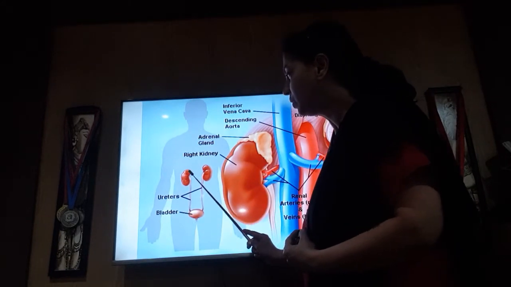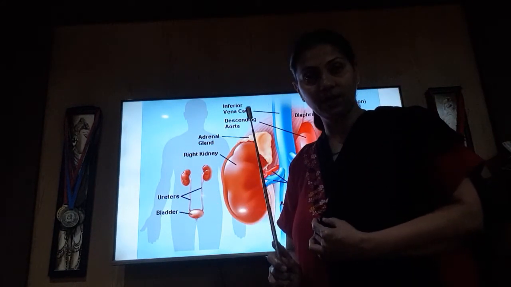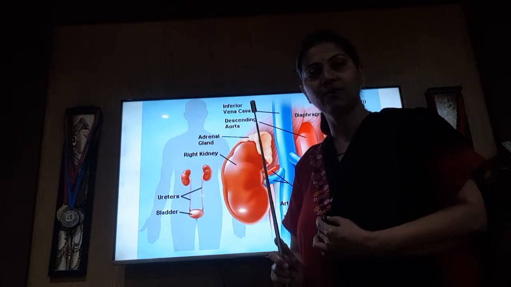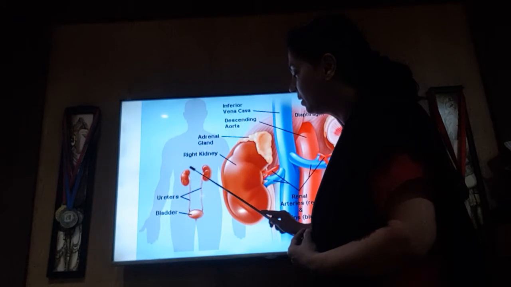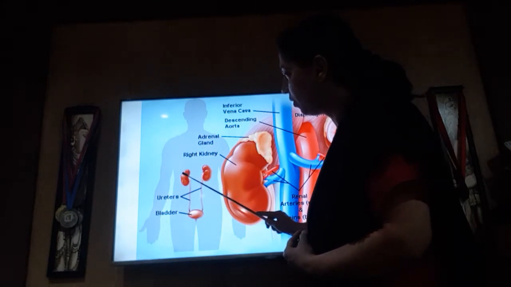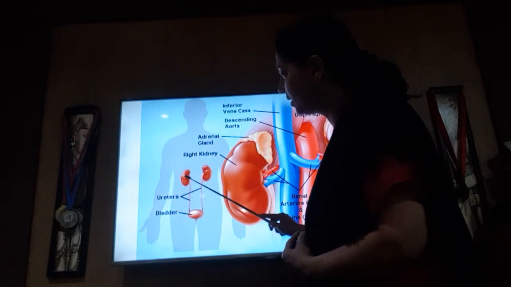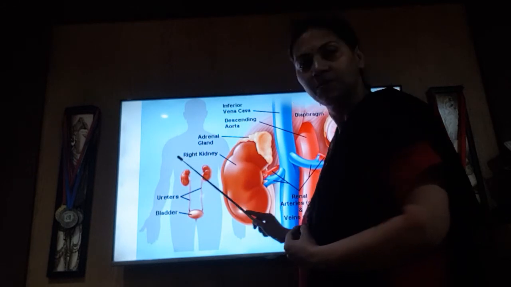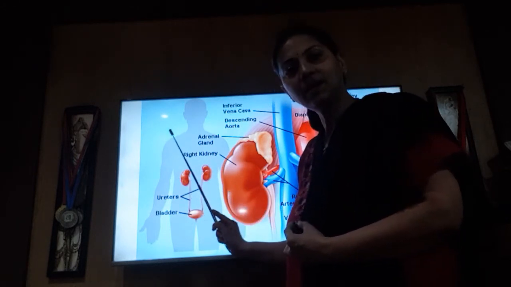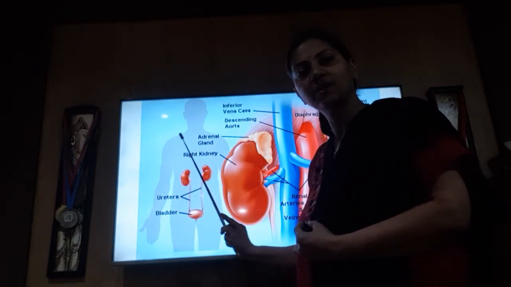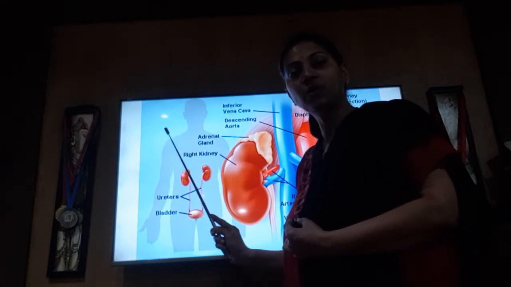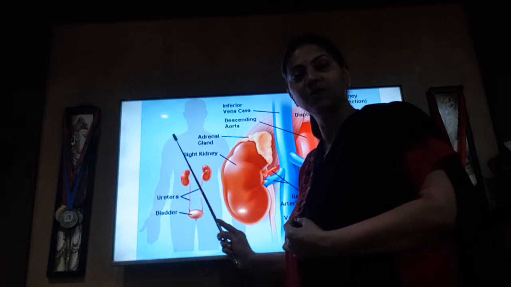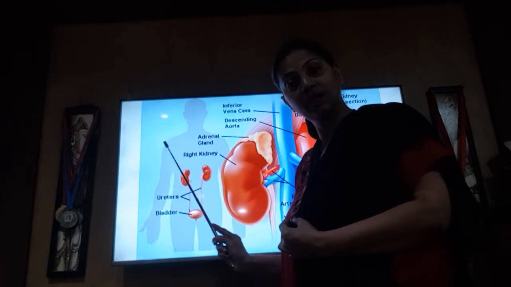Now I come to the right kidney only. Just focus on the right kidney. So, the suprarenal gland. After that, what can be related to this area? Liver, because on the right side the largest organ present is the liver, and we had talked about the hepatorenal pouch when we were studying the liver.